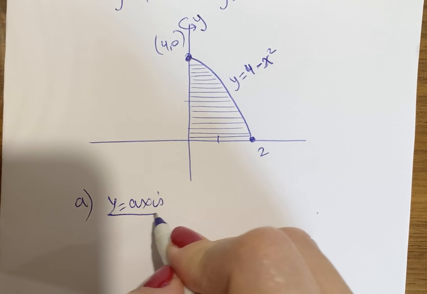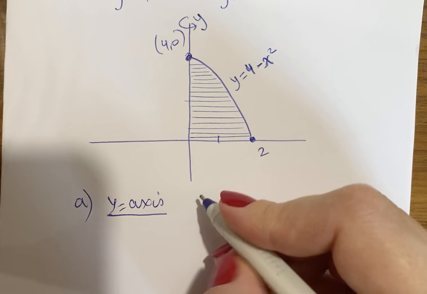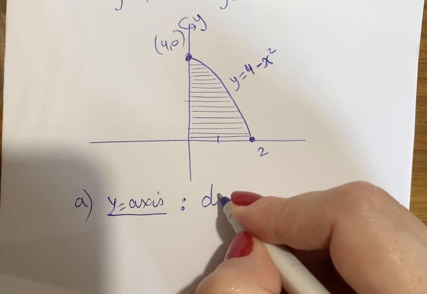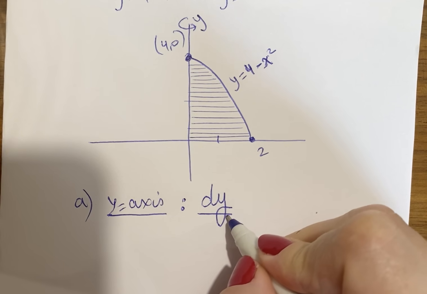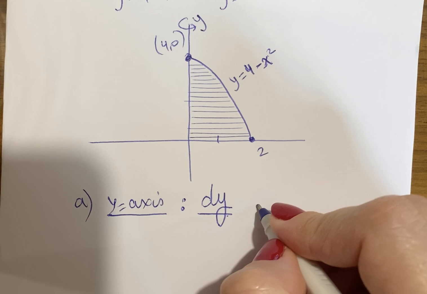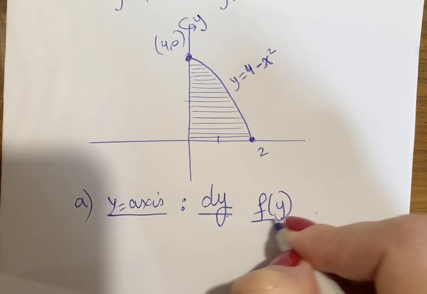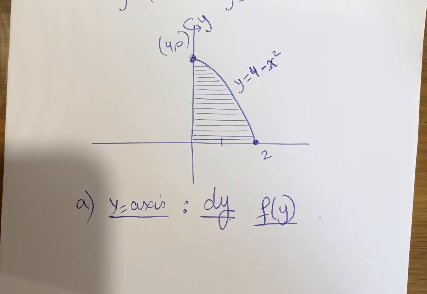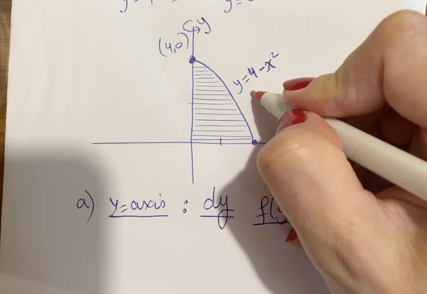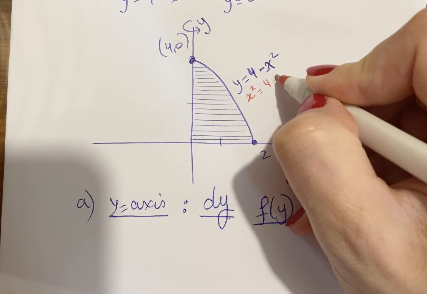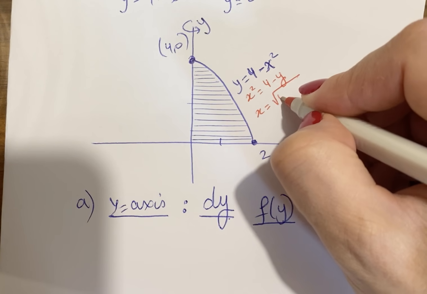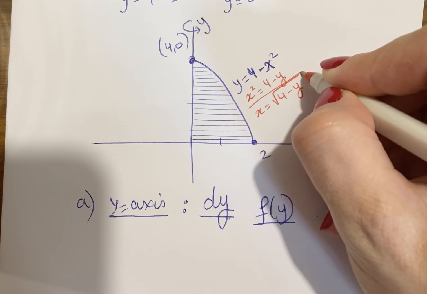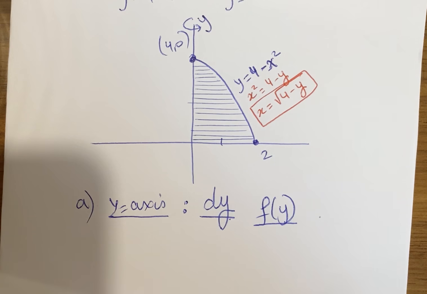The moment I read I'm rotating around the y-axis, then directly what do I say? dy. dy means directly the function should look like f of y. So I should change from y equals f of x to x equals f of y. So here x squared is equal to 4 minus y. So x, since it's positive, is equal to positive root 4 minus y. This is the function that I have to use.